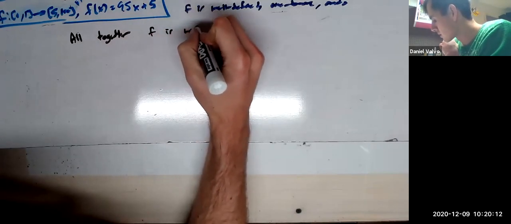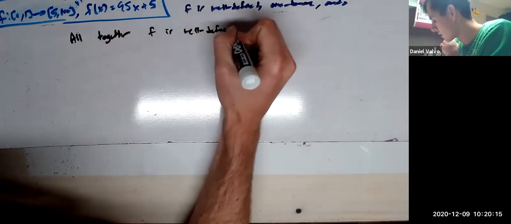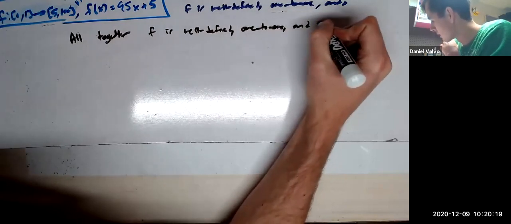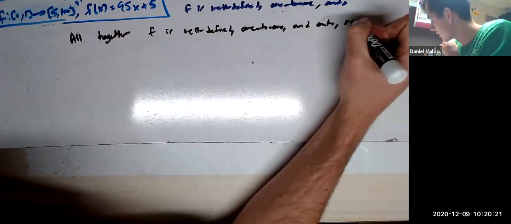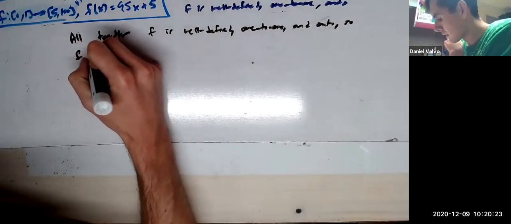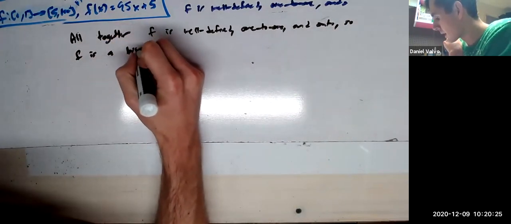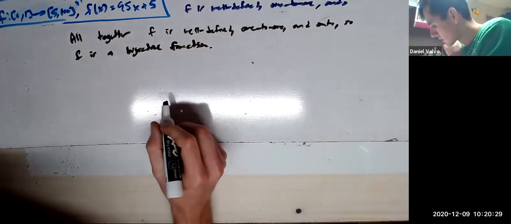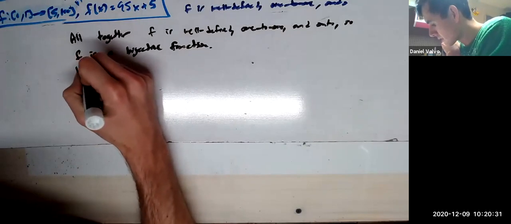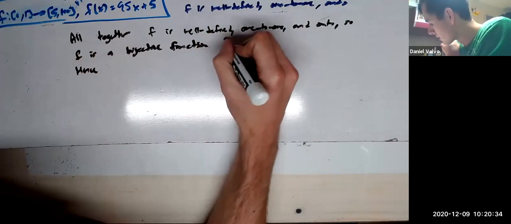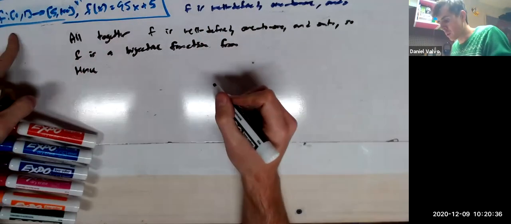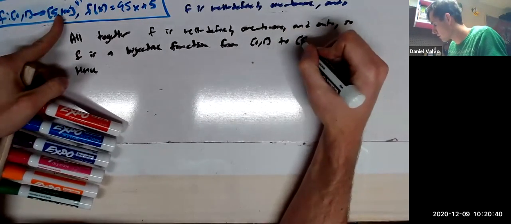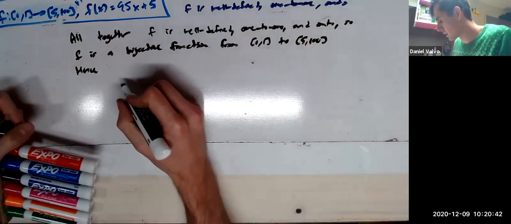f is well-defined, one-to-one, and onto. So f is a bijective function from the domain [0, 1] to the codomain [5, 100].